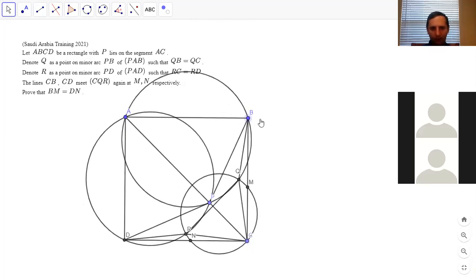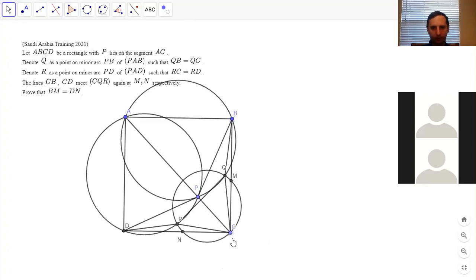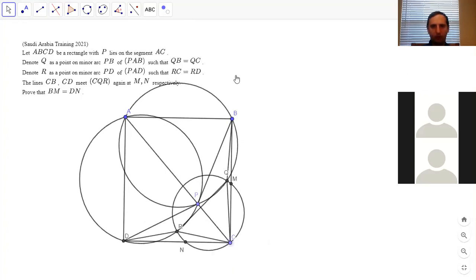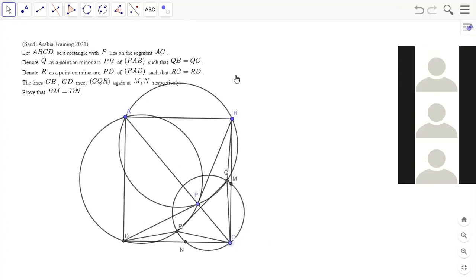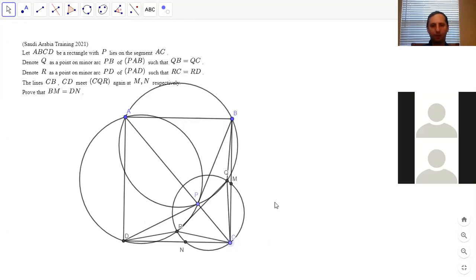Yeah, it's almost like a square, but I think it's okay. Actually, I'll make it look more like a rectangle instead. There we go. So I see Vance just joined, so thank you for joining. We're still on the first problem.